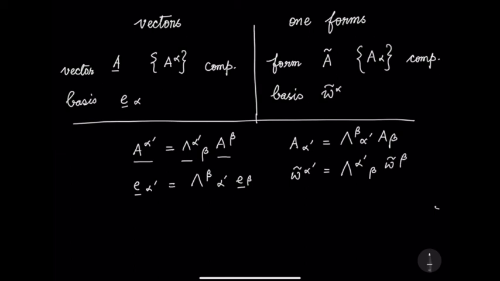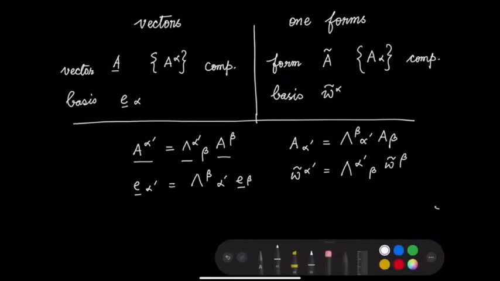Now remember that 1 forms are things that we introduced as a tensor, and tensors are important for us because if we write things in the language of tensors, then things become form invariant eventually.